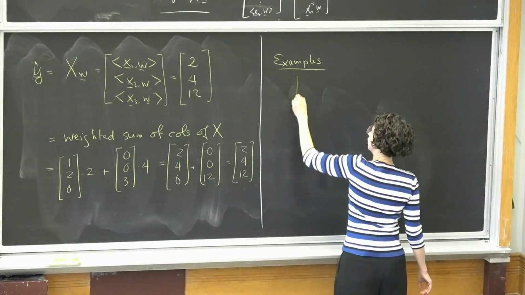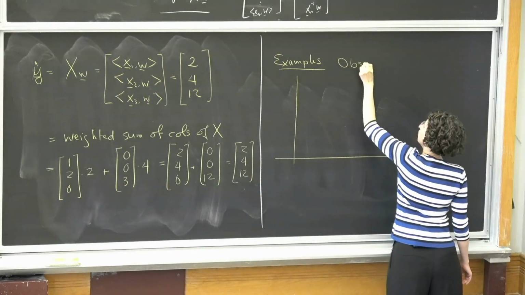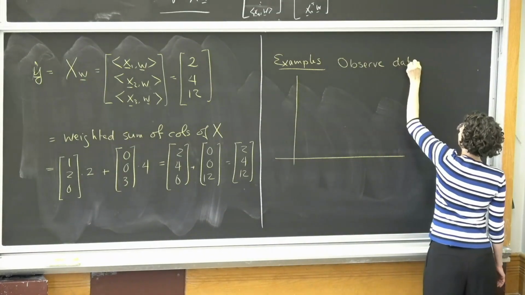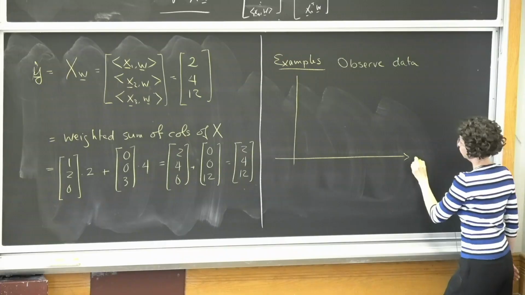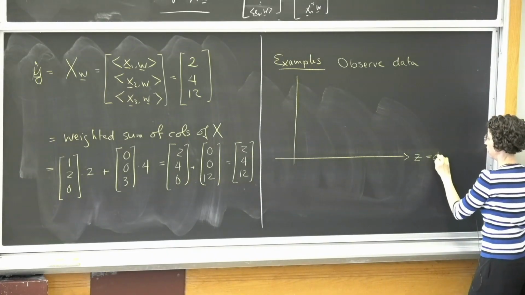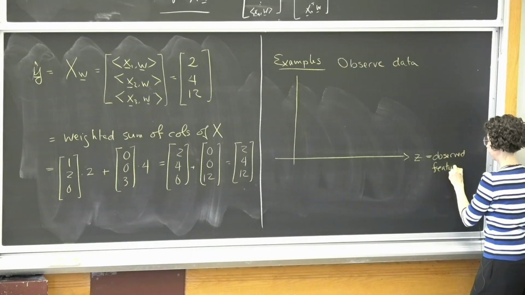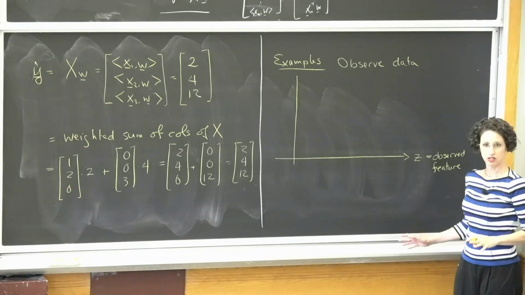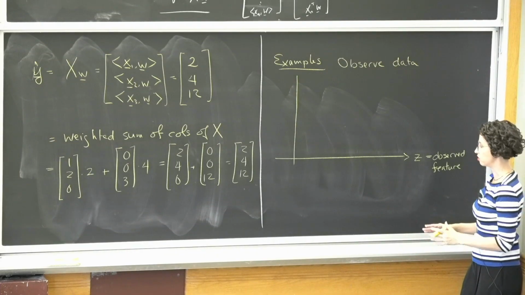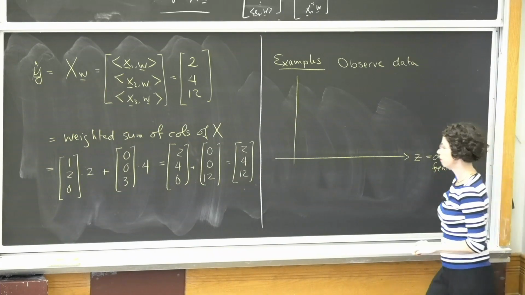So in particular, let's imagine that we observe our data like this. And so I'm going to use the letter Z to correspond to an observed feature. And I'm going to say how this is connected to the features X that we've been talking about so far in just a minute. But just think about this as more like the raw data features that we observe.